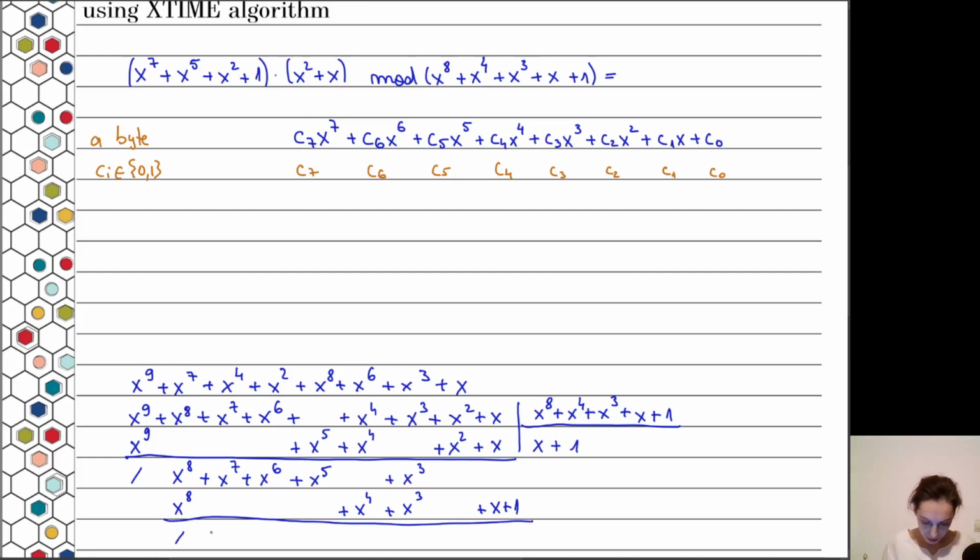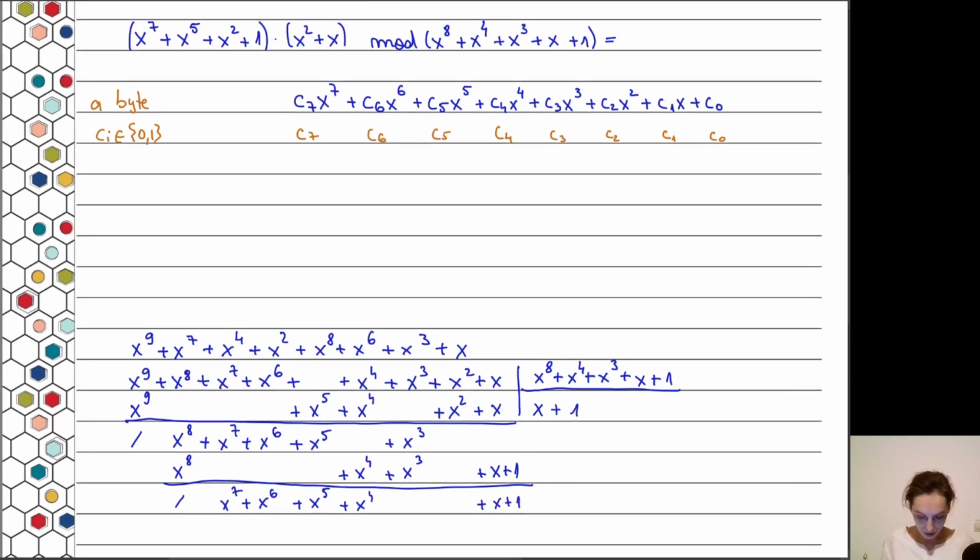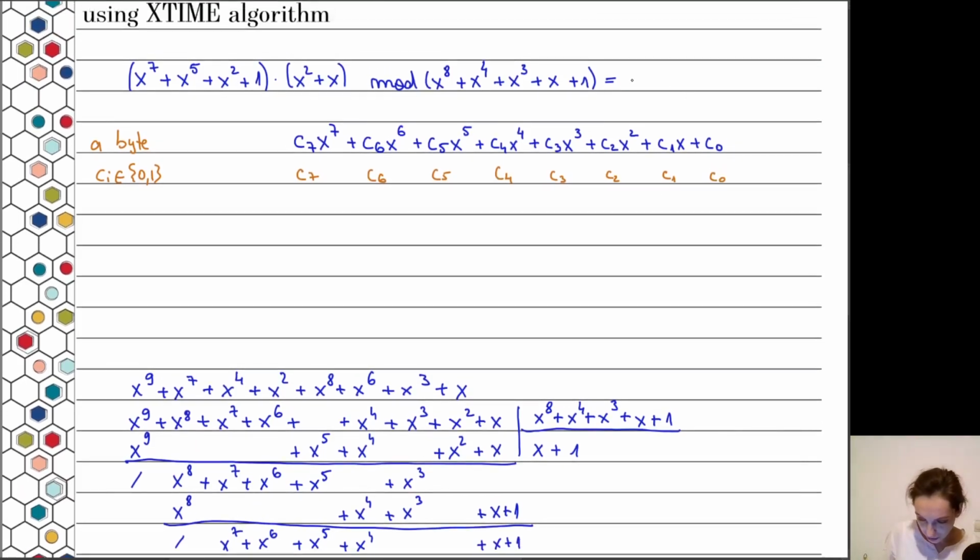The result will be x powered by 7 plus x powered by 6 plus x powered by 5 plus x powered by 4. 1 plus 1 is 0 plus x plus 1. So that's the remainder. So we can write here the result.